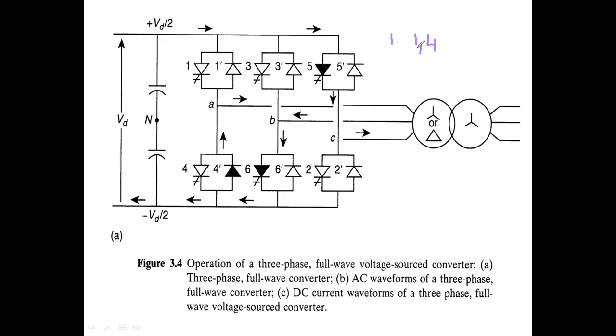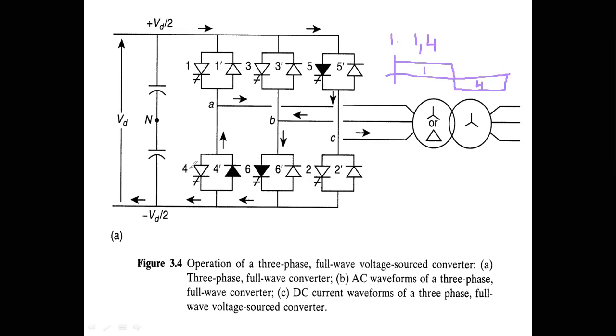They are conducting for 180 degrees, remember. First 180 degrees, assume that 1 is conducting. Again, from 180 to 360 degrees, 4 will be conducting. Remember that 1 and 4 are never on at a time.